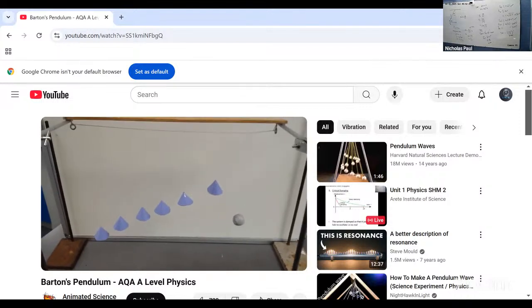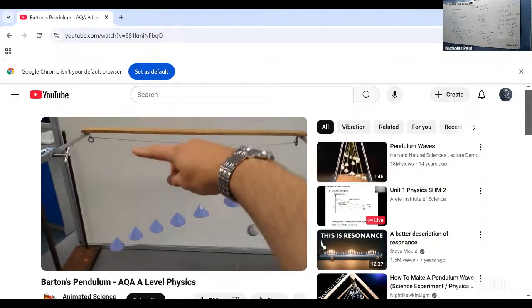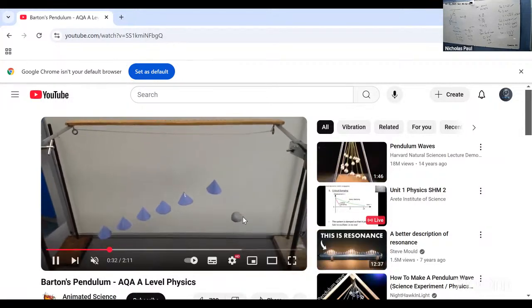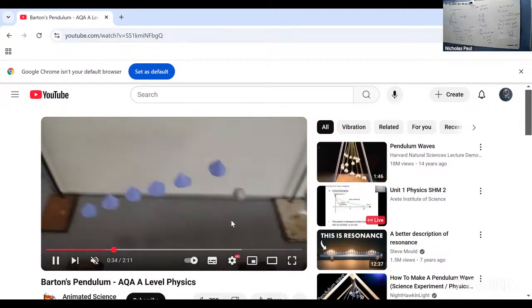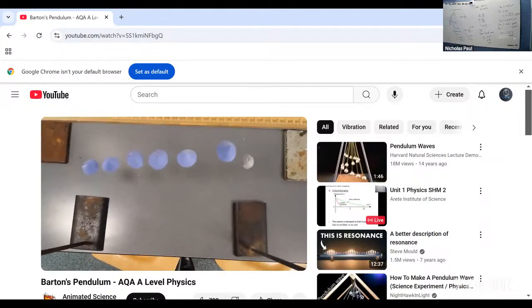See, they all have different lengths. They are all connected, right? You go to this driver now, and look at what happened now. I want to explain why it happened.